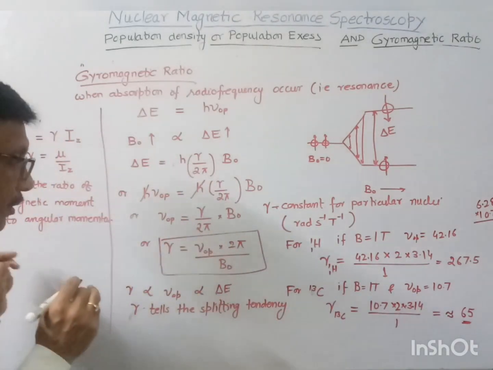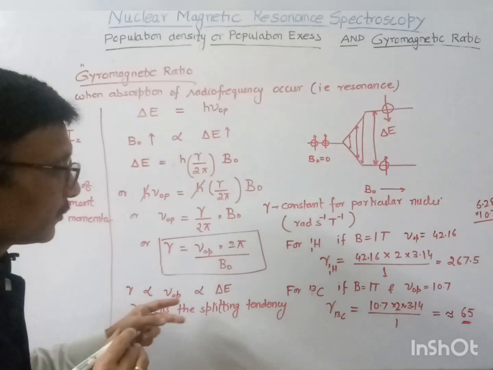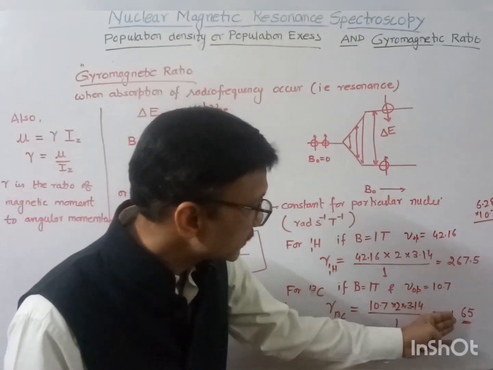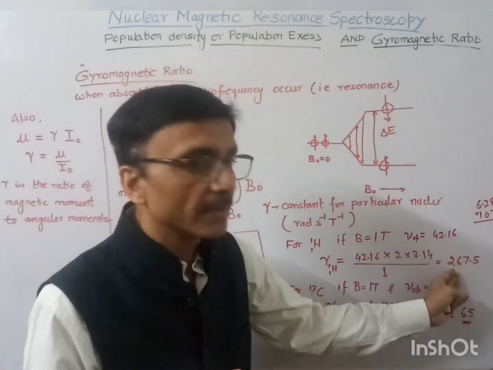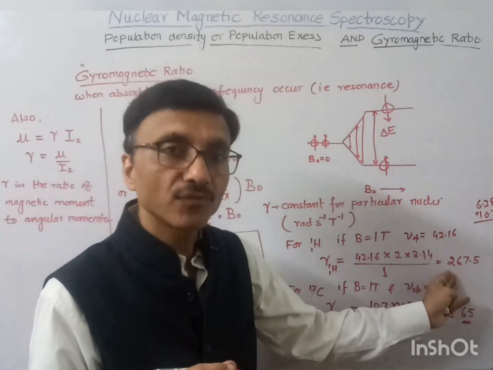Here the gamma is only 65, and here gamma is 267.5.